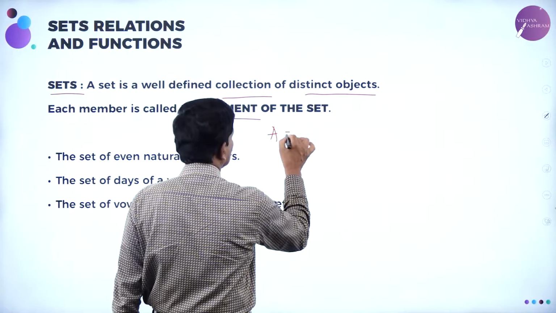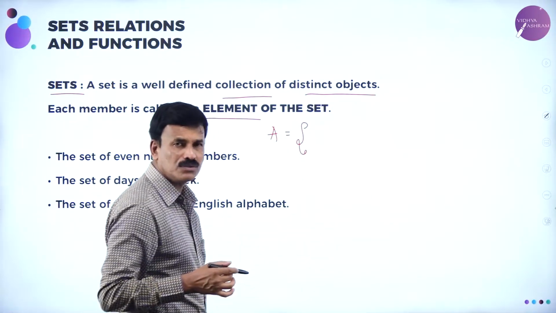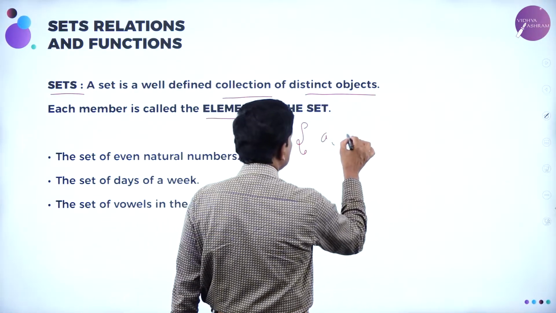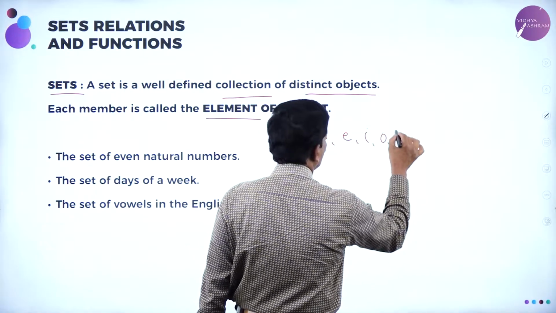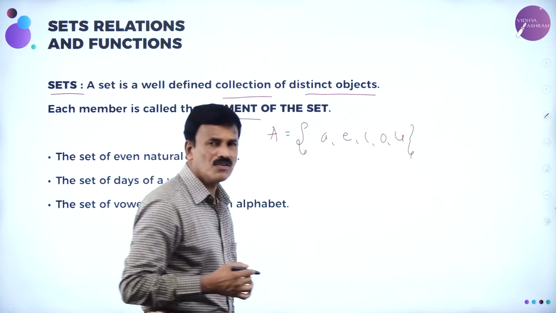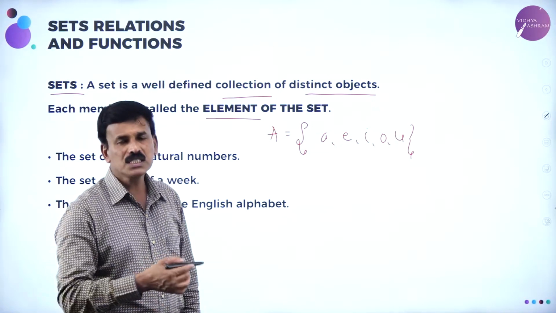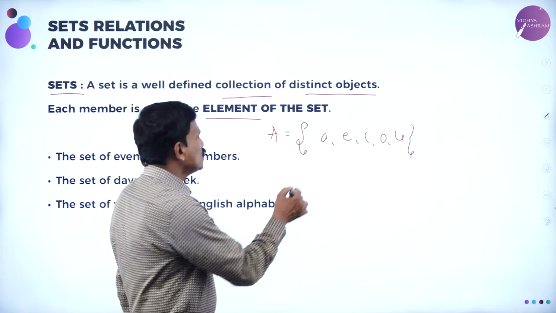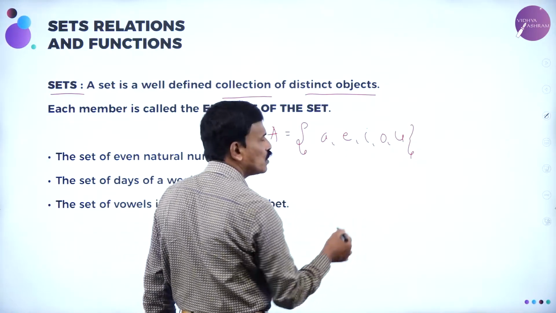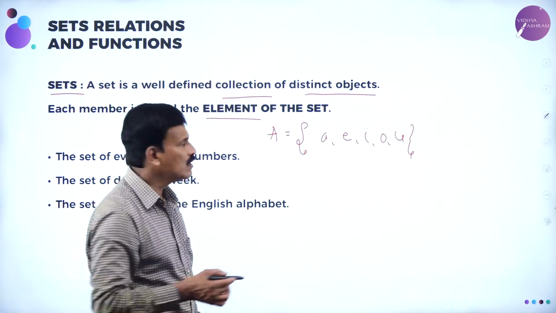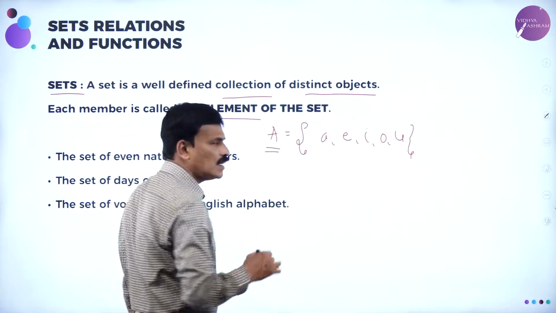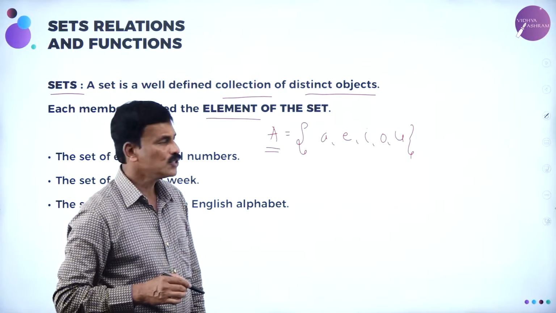Let us consider A is equal to {A, E, I, O, U}. These are nothing but the vowels in the English alphabet. A, E, I, O, U are the vowels. This will form a set. Here A, E, I, O, U are called the elements of the set, whereas the capital letter represents the set.